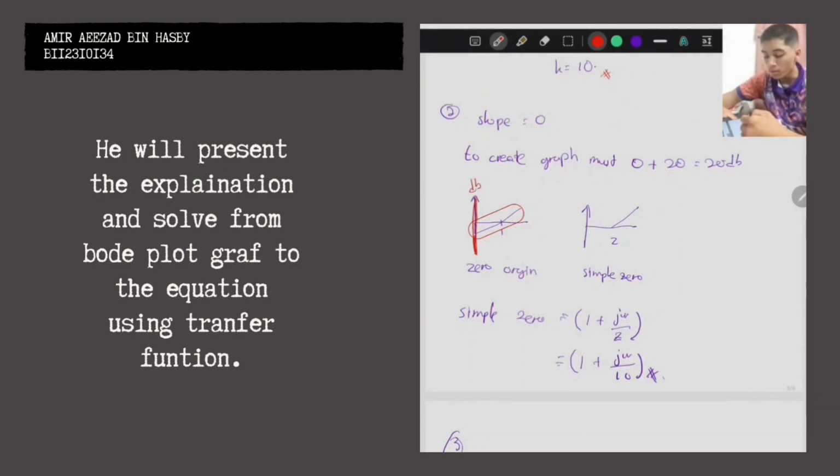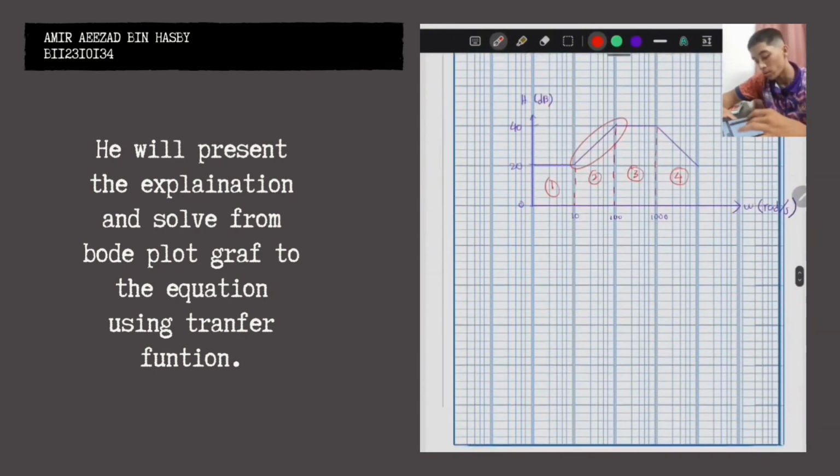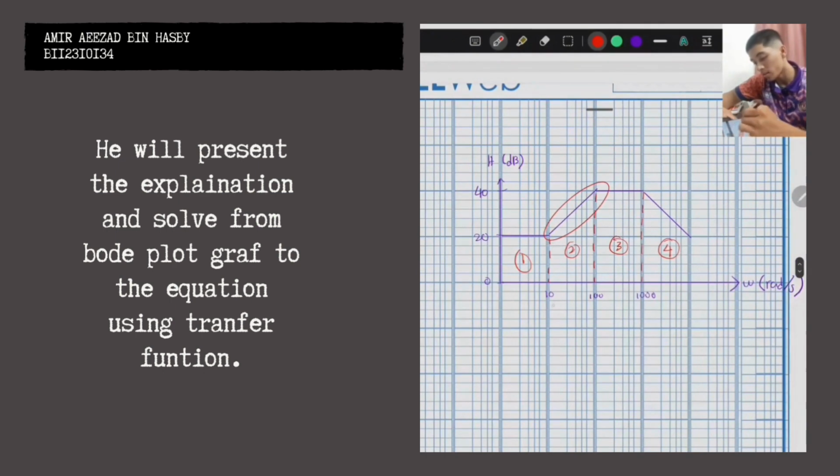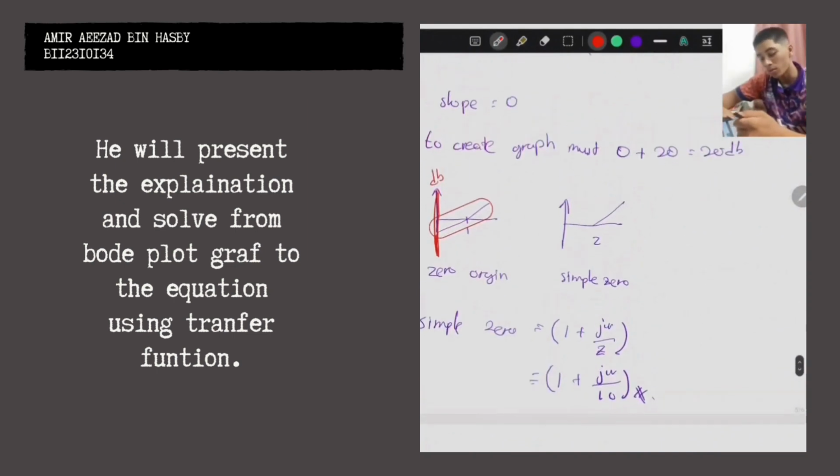But the simple zero starts increasing from the zero value. So if we go back to our graph, you can see that it started from a value of 10, then it increased. Therefore, it uses the simple zero.